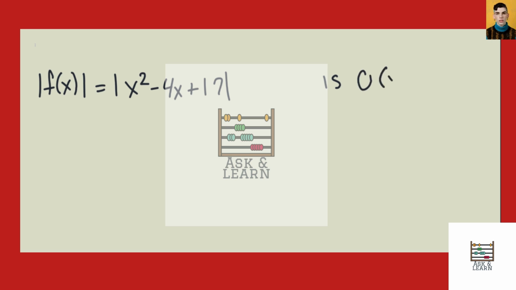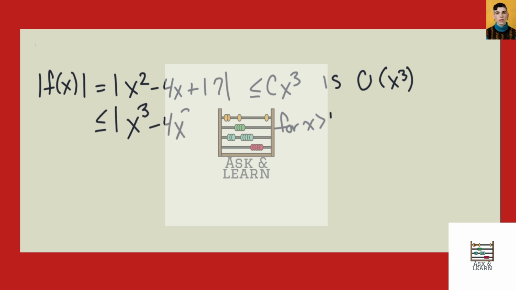So we want to show that this is less than or equal to some constant times x cubed, right? Luckily we can take this formula, and for the case where x is greater than 1, this will be less than or equal to the absolute value of x cubed minus 4x cubed plus 17x cubed.